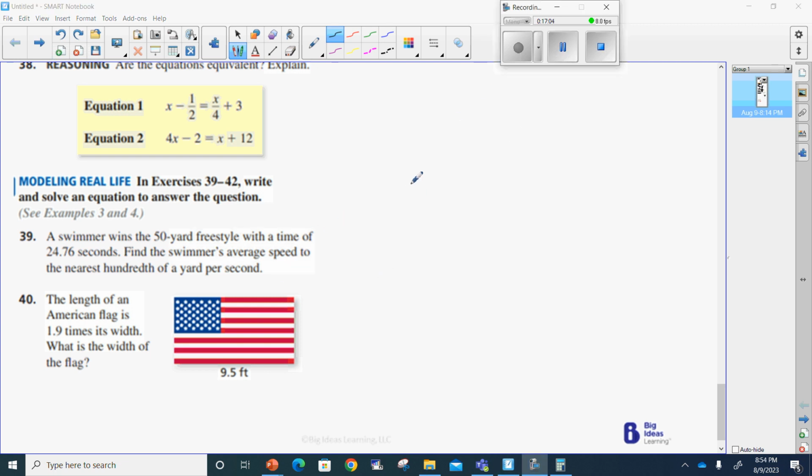All right, so we're going to set up this equation saying that the distance equals the average speed times time. The distance, we said, the swimmer wins a 50-yard freestyle race, so that's going to be 50. And then they're wanting the speed, so that's going to remain S. And then the time is 24.76.